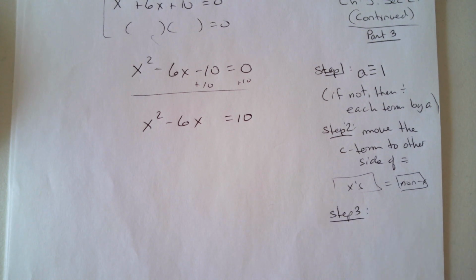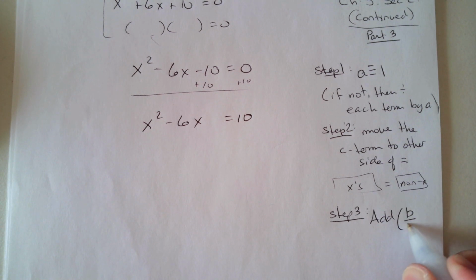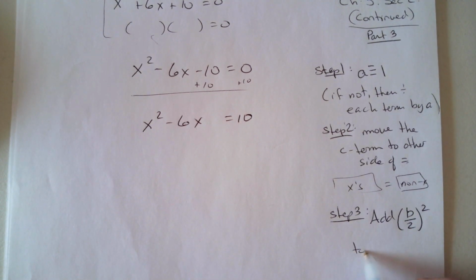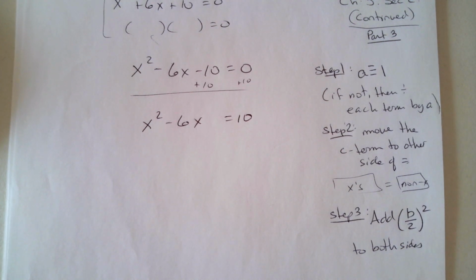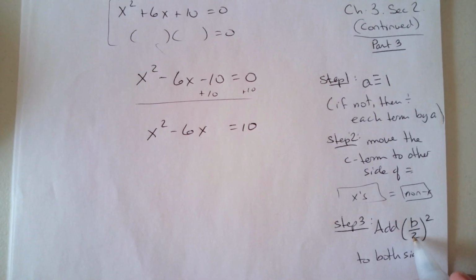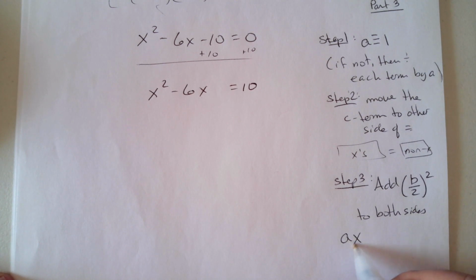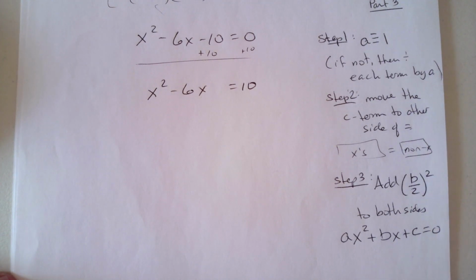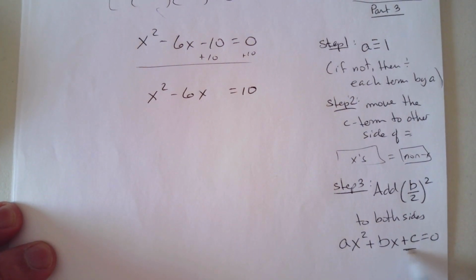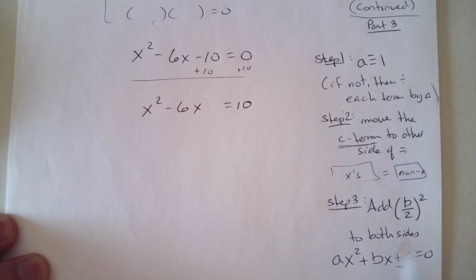Step 3. Add b over 2 squared to both sides. Because whatever we do to one side, we do to the other. So now, what do we mean by b over 2? Remember, the standard form of a quadratic equation is ax squared plus bx plus c equals 0. So the constant, that's why I said the c term. It's the constant. B is whatever is in front of the x.